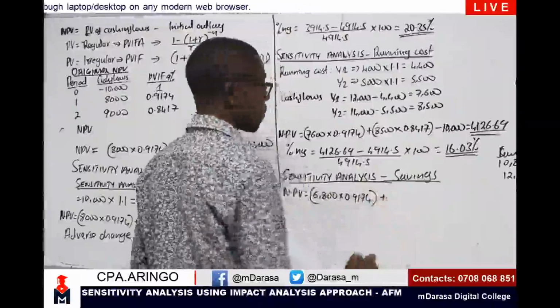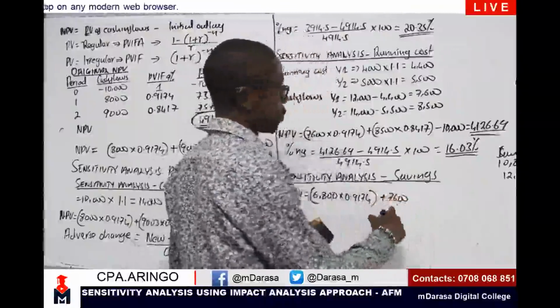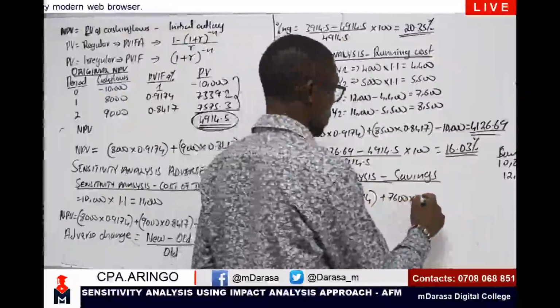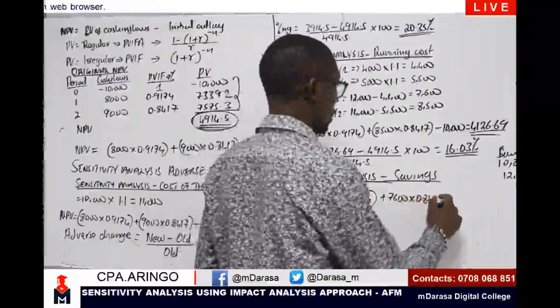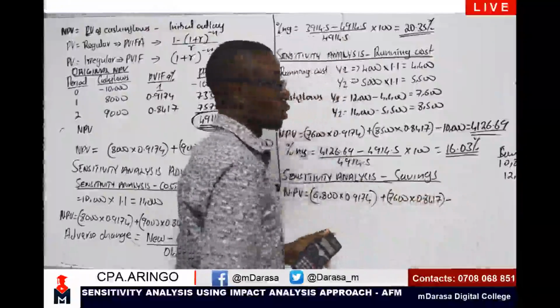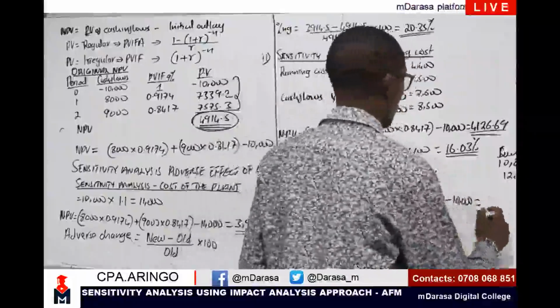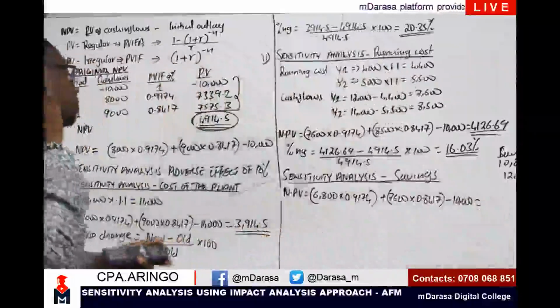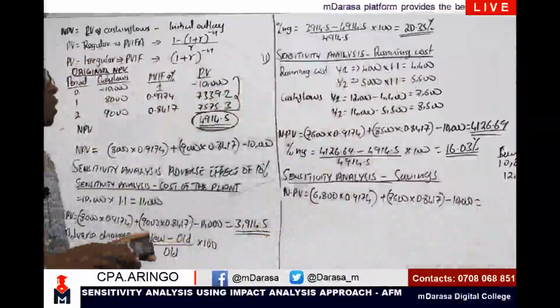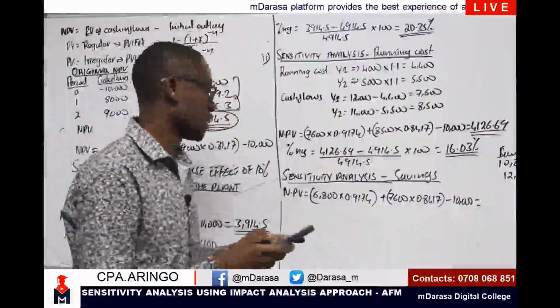We add 7,600, remember these are our cash flows, right? Times 0.8417. We less our original cost, which was 10 million. So therefore, what will be our new NPV if our savings was adversely affected by 10%?